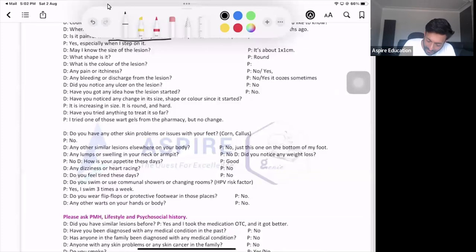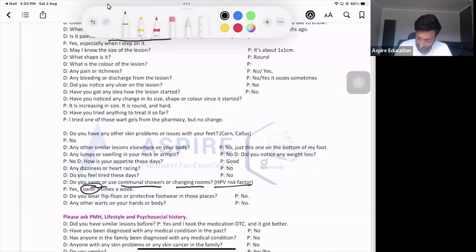Now, swimming pools and using communal showers and changing rooms are a risk factor. Swimming is a risk factor. If you are sharing your footwear, it could be a risk factor. Sometimes in the communal areas you might not be wearing any shoes or flip-flops, so that could be the reason for getting this HPV infection as well.